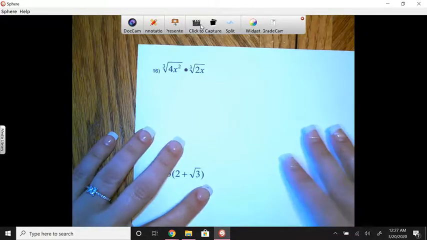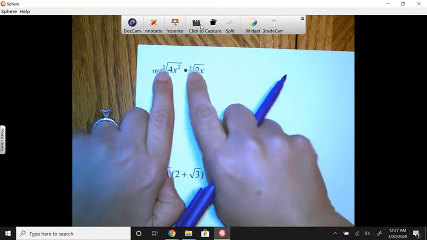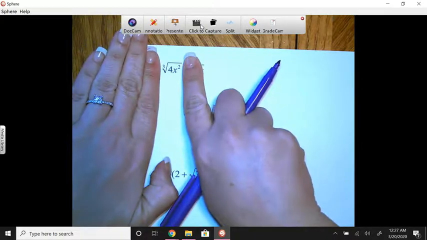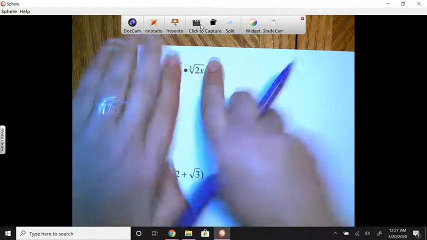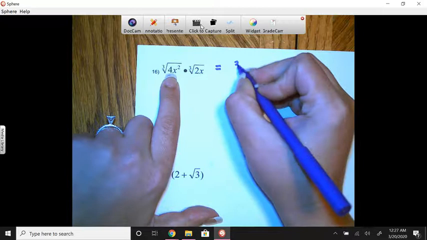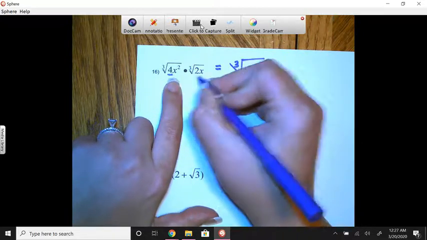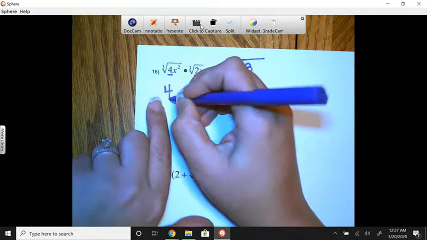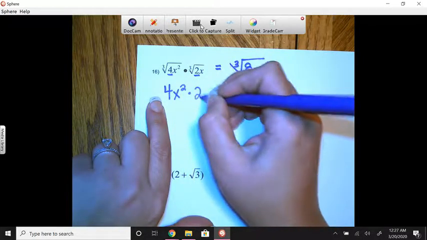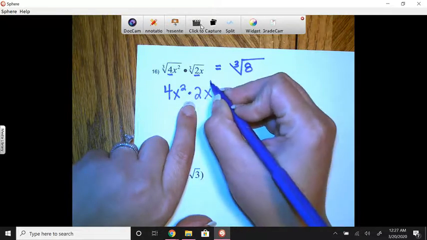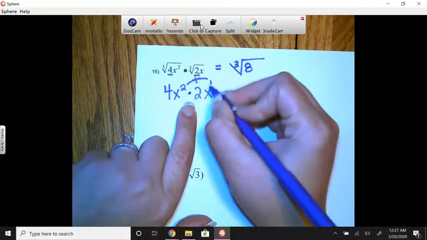Okay, let's go ahead and take a look at number 16 here. So we know we can multiply these because the index are the same. We could try to simplify them individually first, or we could go straight across. So we'd have the cube root, 4 times 2 is 8, and then when we do 4x squared times 2x, from a previous chapter, we know that when we multiply, we add the exponent.